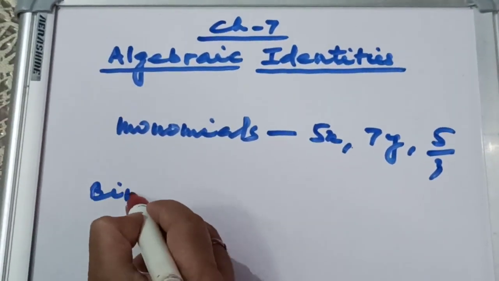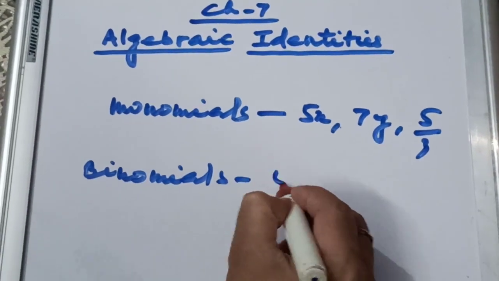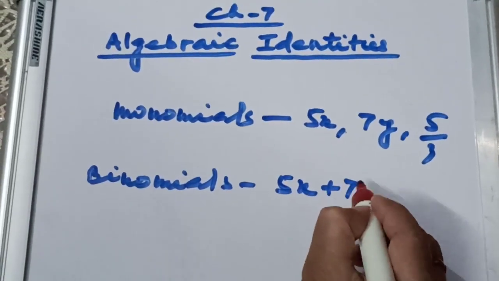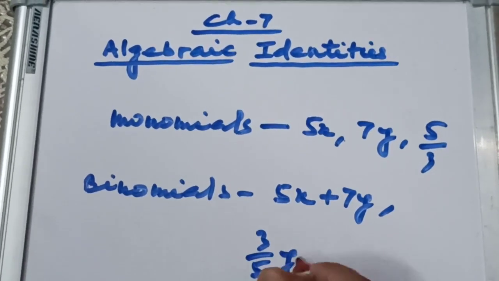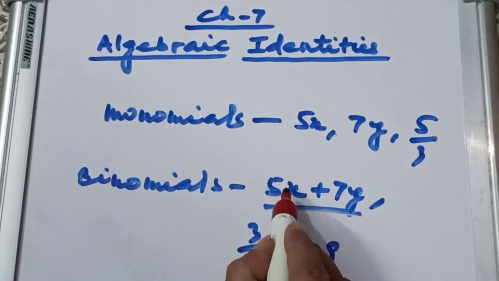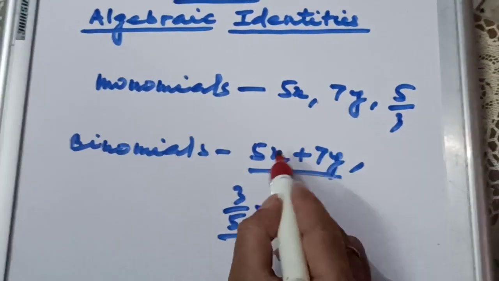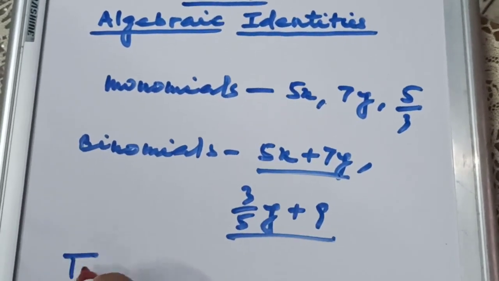Binomial: it consists of two terms, 5x plus 7y, 5y plus 9. Two terms, one term and the other term.